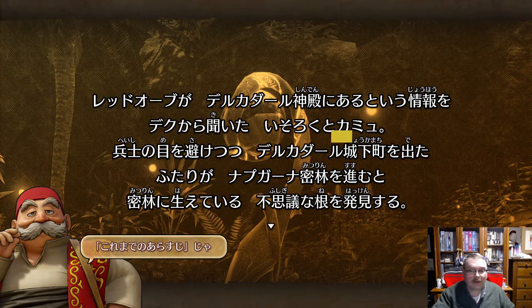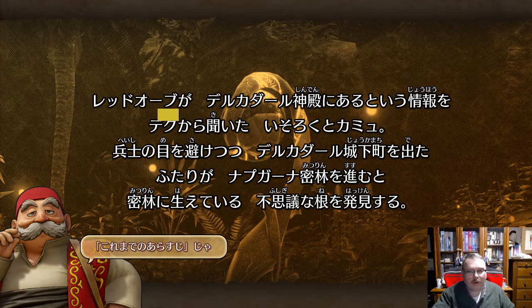Okay, so you have Isoroku and Kamyu heard from Dek information that states to yu, the red orb ga, the red orb is in, ni aru. Ni is in, aru means there is.